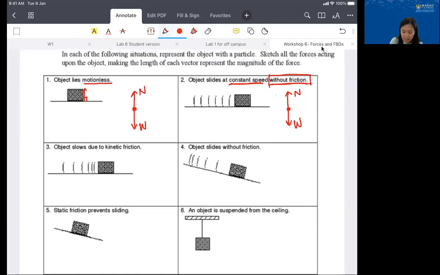In the third case, the object slows down due to kinetic friction. So there's now friction there. Again, let's draw the two obvious forces first, weight force and normal force along the vertical. In this case now there is kinetic friction. It's the friction when the object's moving.